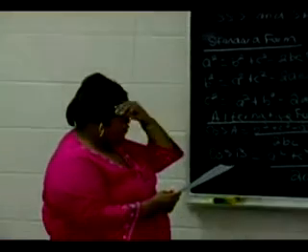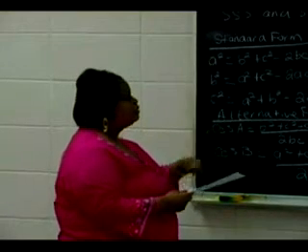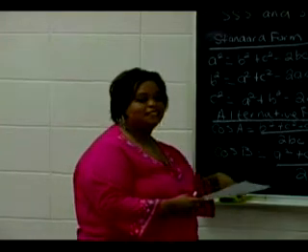Now, we are going to use law of cosines to help us find other information about these angles, but once we find information, we may have to revert back to the law of sines. Okay? We can use either or.